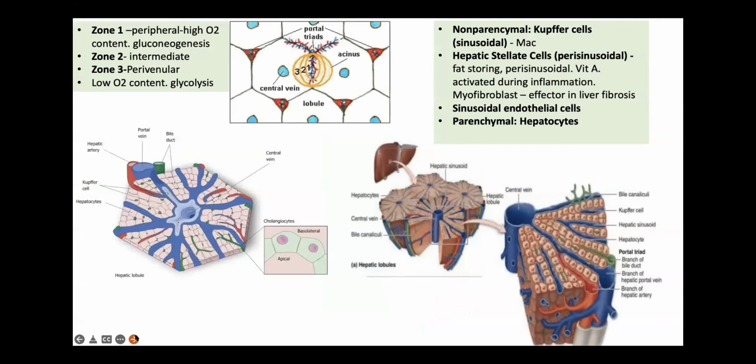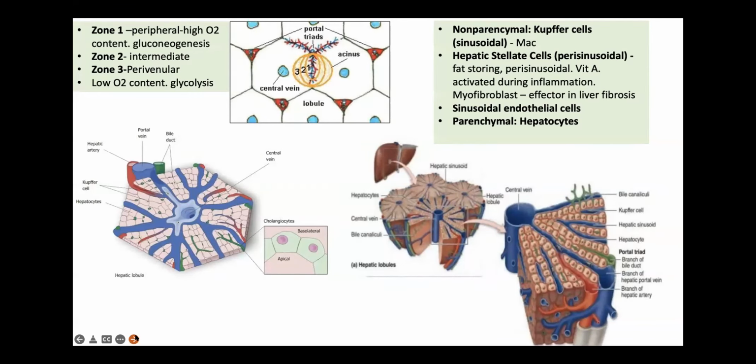Quickly to highlight some histology of the liver, it has non-parenchymal cells as well as parenchymal cells. The non-parenchymal cells important for this talk are the Kupffer cells, which are found in the sinusoid, and the hepatic stellate cells, which are perisinusoidal.